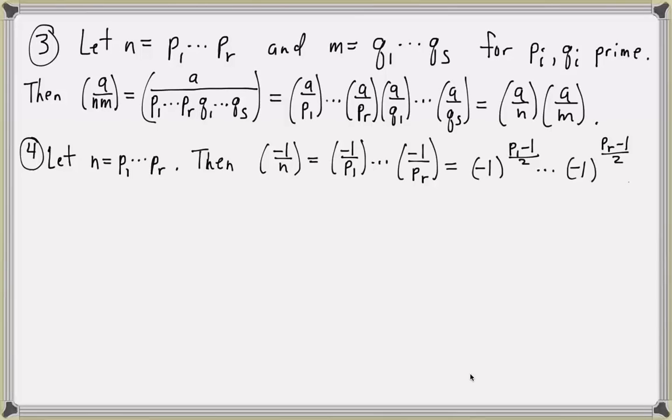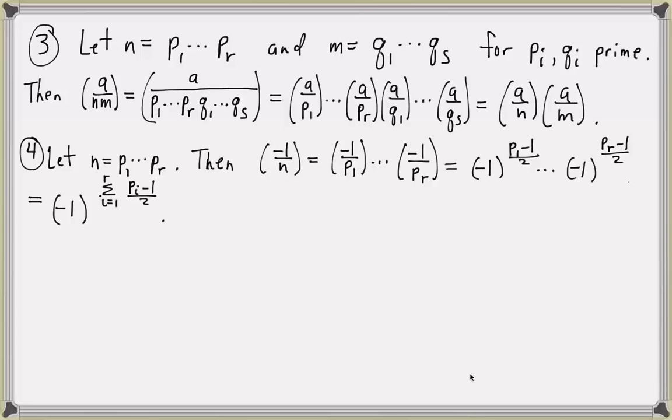So this is a property of Legendre symbols. And if I combine all these factors of -1, we get that the Jacobi symbol -1 over n will equal -1 to the sum, i equals 1 to r, of (pi minus 1) over 2. So I'm just adding up (p1 minus 1) over 2 up to (pr minus 1) over 2.